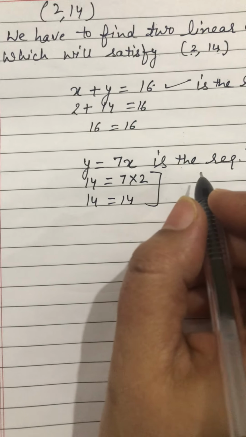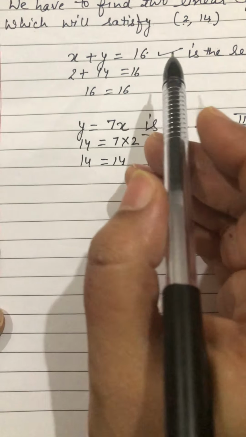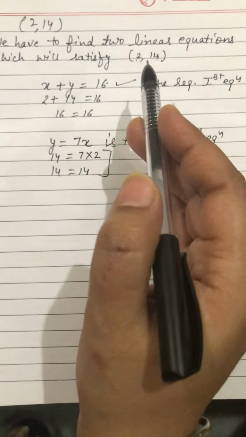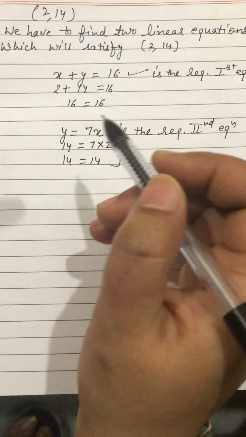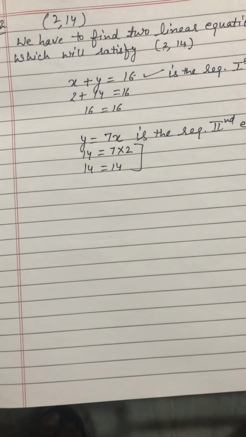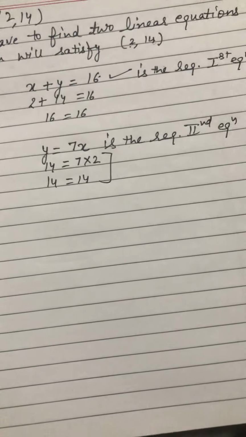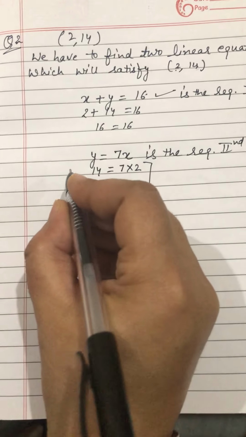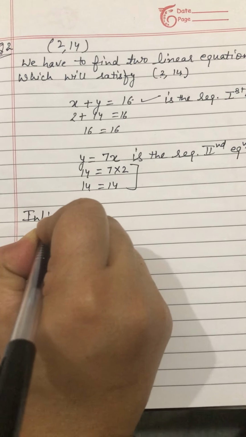Now we have to tell how many more such equations are there. As we know that the solution of linear equation in two variables is infinite. So we can get the number of lines from this solution. So answer is infinite.